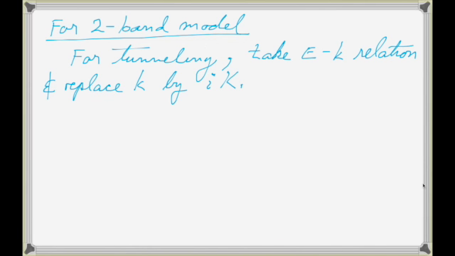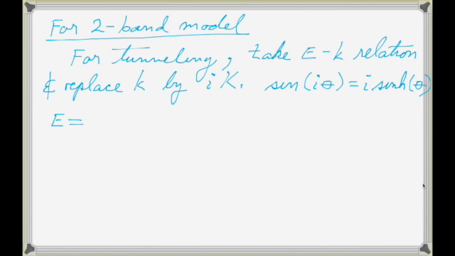And since k just shows up in the sine function, you make use of the identity that sine of iθ is equal to i sinh θ. And that's what we're going to do. So that sine squared is going to become a sinh squared in our dispersion relationship.